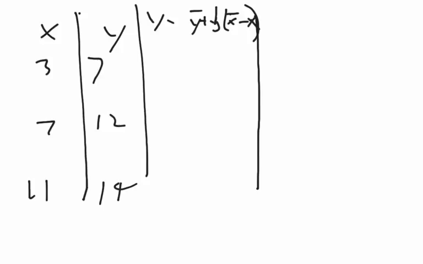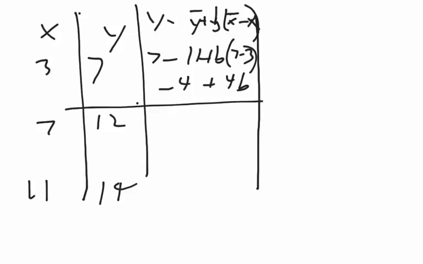So I'm going to do 7 minus 11 plus b times 7 minus 3, which is negative 4 plus 4b. And that's the first one.